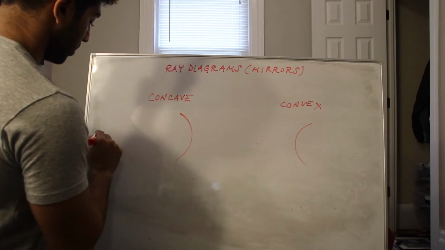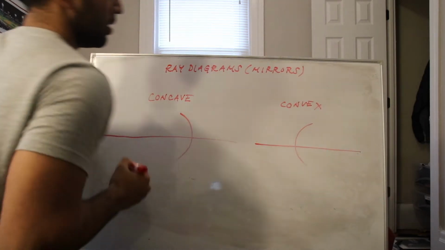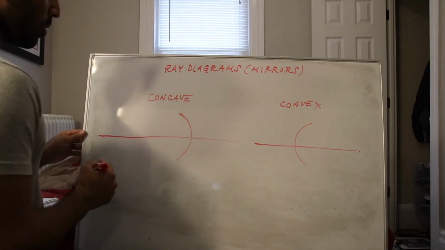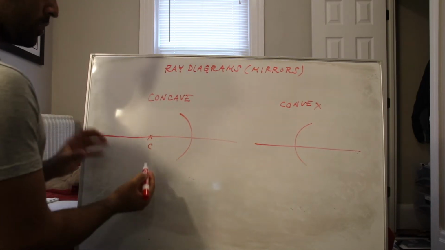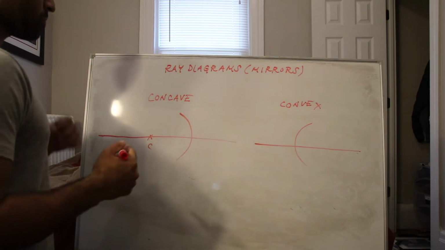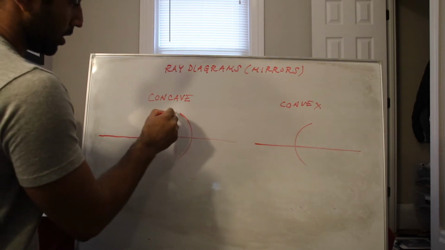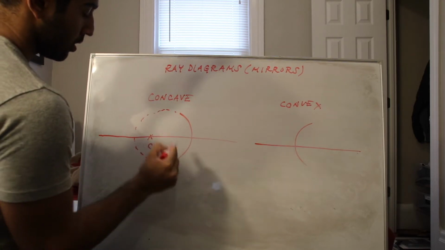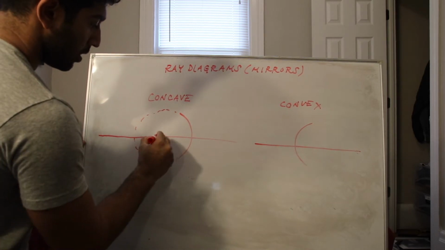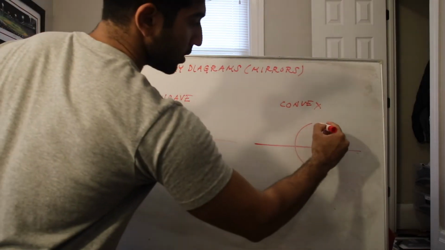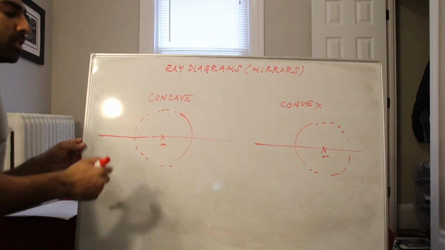If I have an axis here, which is called the principal axis, that goes to the center of the mirror, both mirrors will have what we call C. All C is saying is, if you were to extend this to be a full circle, and this is not really accurate, what would the radius of that circle be. If I extend this to be a full circle, the radius approximately would be here. That's your center of curvature.